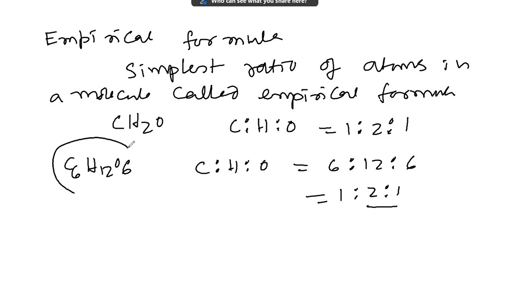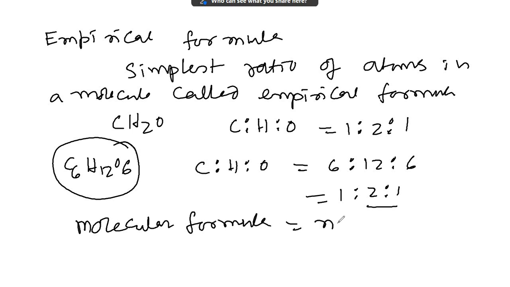Molecular formula is C6H12O6, but its empirical formula will be the same as that of CH2O. So the molecular formula I can write equal to N into empirical formula. N stands for a simple whole number. In this case it is 6.